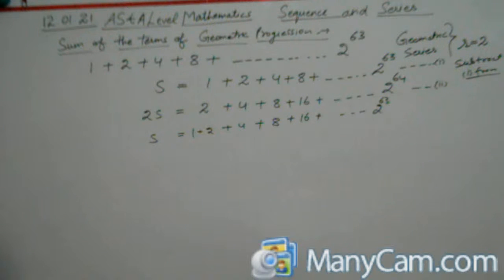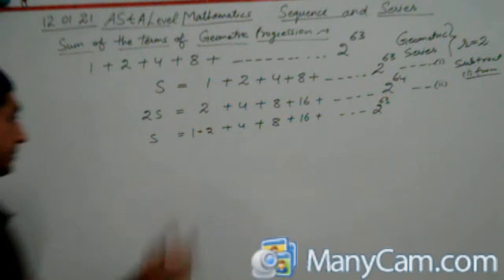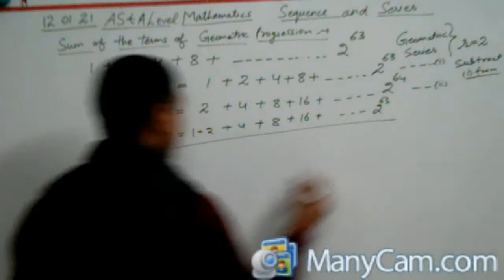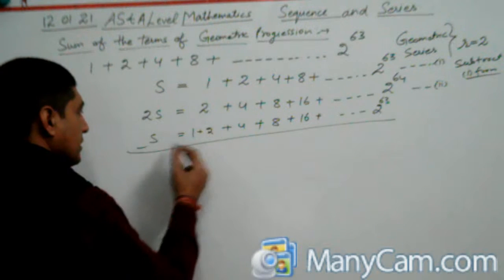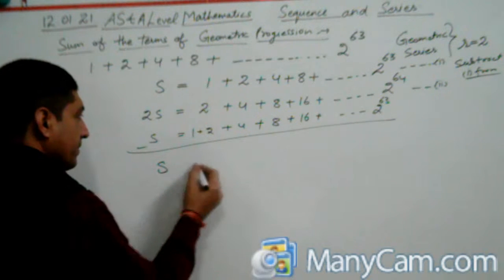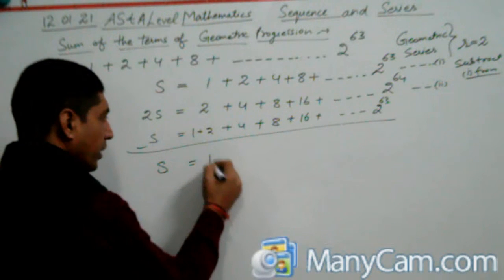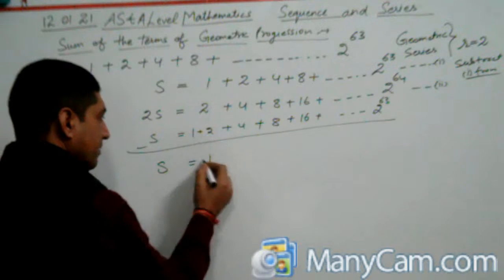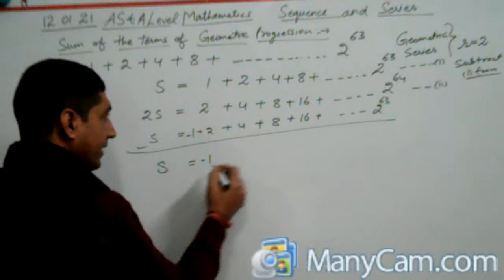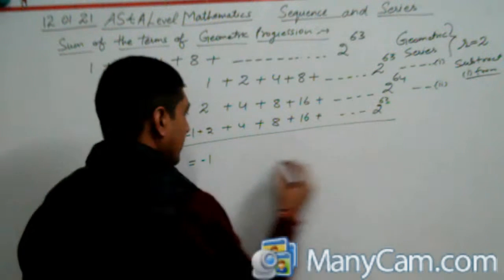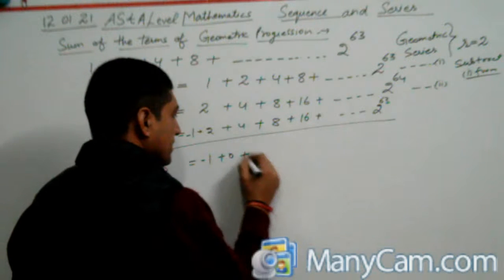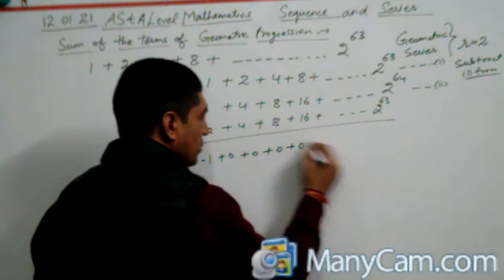When we subtract, we will get S only, minus 1. And everything else cancels, leaving plus 0 plus 0 plus 0 and so on.